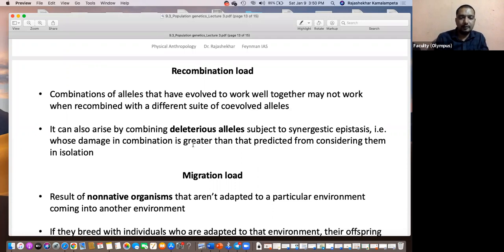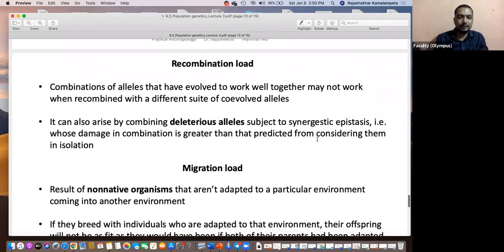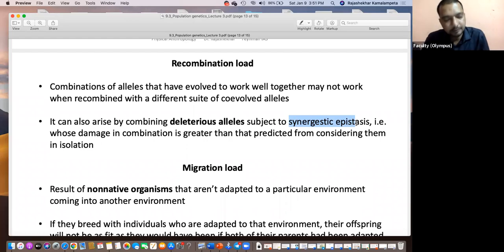So sometimes the deleterious alleles that are harmful to us can combine. If you can digest it, we have not talked about this in previous classes: there is something called epistasis, synergistic epistasis. This is a bit complicated, but briefly, what does it mean? Sometimes it is not a particular gene acting directly. It is an interplay between multiple genes, one masking the effect of the other.